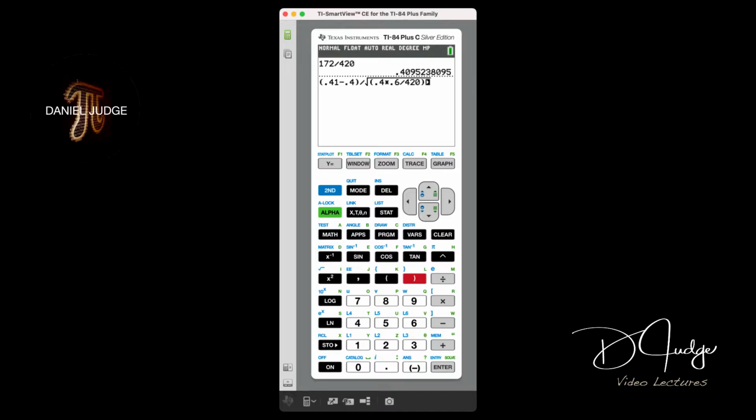Double check that we entered everything okay, and you get 0.418 to the nearest thousandths. That's your test statistic value: 0.418.